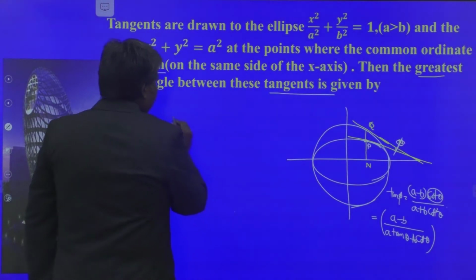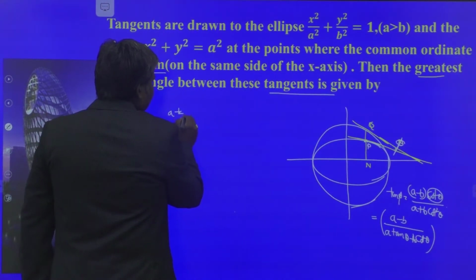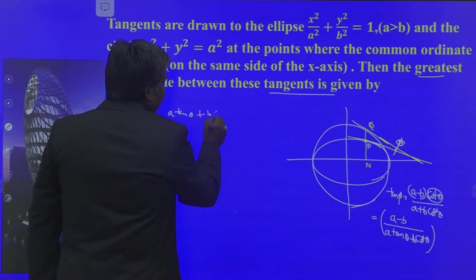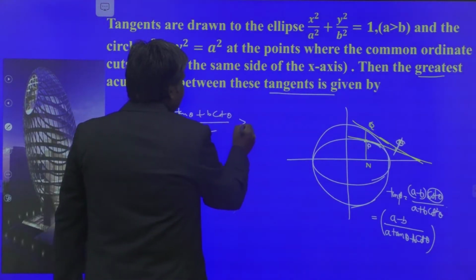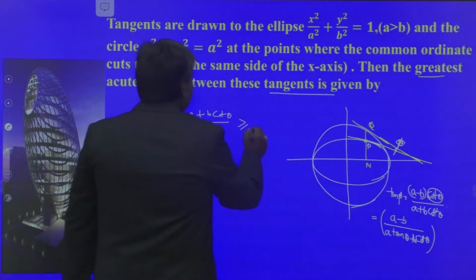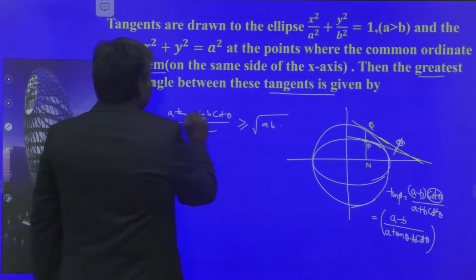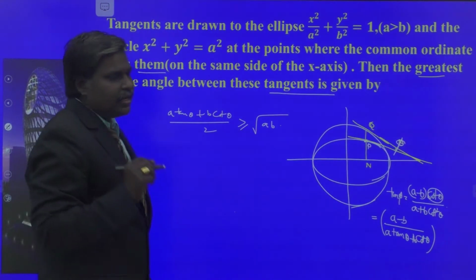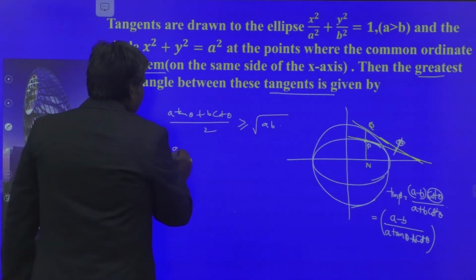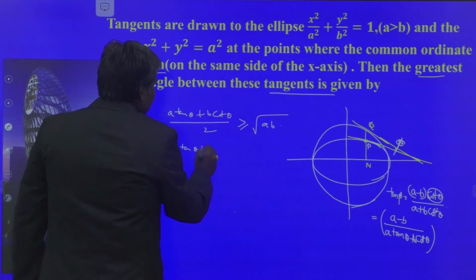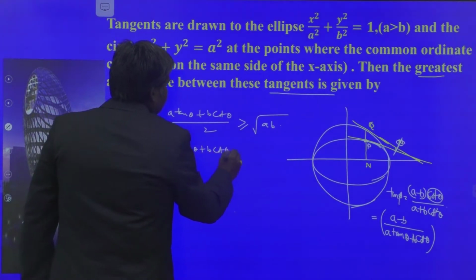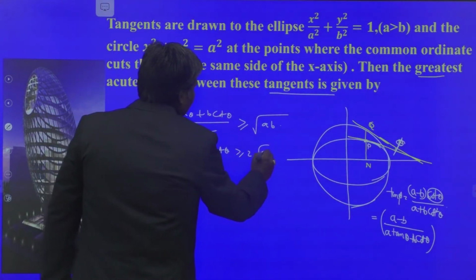Now consider the denominator. A tan theta plus b cot theta by 2, the arithmetic mean, is greater than or equal to the geometric mean of these two numbers, that is a into b, tan theta into cot theta, which is nothing but 1. So a tan theta plus b cot theta is always greater than or equal to 2 root ab.